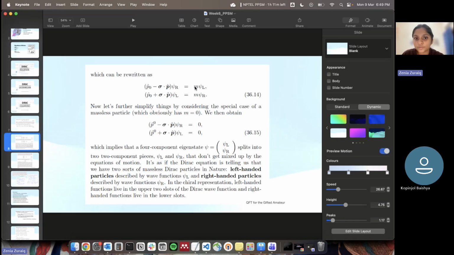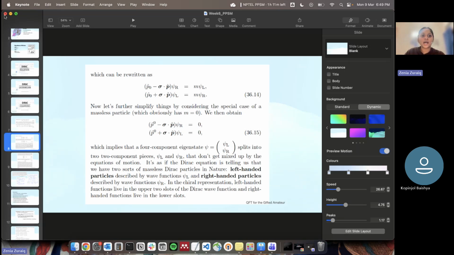But if the mass of the fermion is there, and I'm talking about spin half particles, because protons, electrons, neutrinos and quarks are all spin half, so we can use the Dirac equation to describe them, then right and left are mixed together.